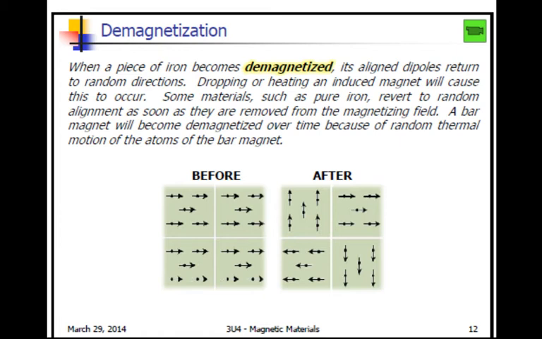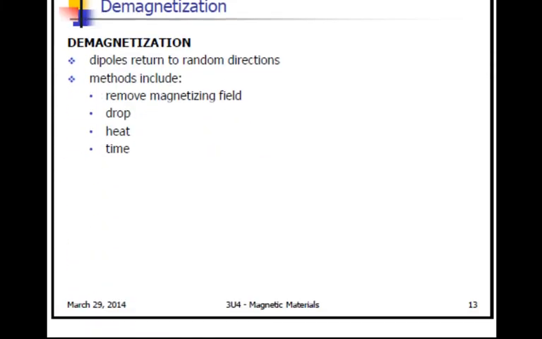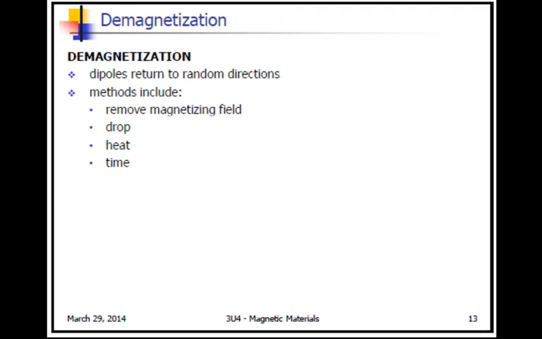If it's not in a magnetic field in the first place, and you hit a bar magnet really hard multiple times, you could deorient the dipoles, and it could be demagnetized. So here are some methods of demagnetization and the definition of demagnetization in terms of magnetic dipoles.